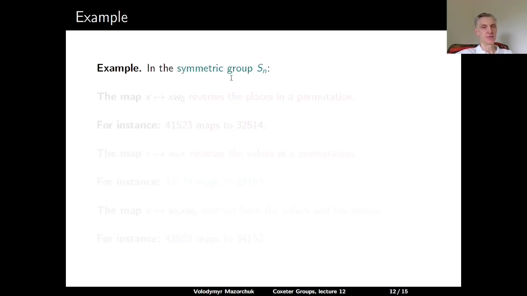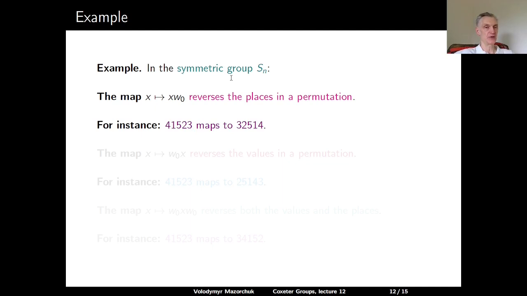Here is an example. In the symmetric group Sn, the map which maps x to xw0 reverses the places in the permutation. So if we have a permutation 4, 1, 5, 2, 3 in one-line notation and we reverse the places, we get 3, 2, 5, 1, 4. This is how this anti-automorphism works. Multiplication with w0 on the left reverses the values in a permutation.